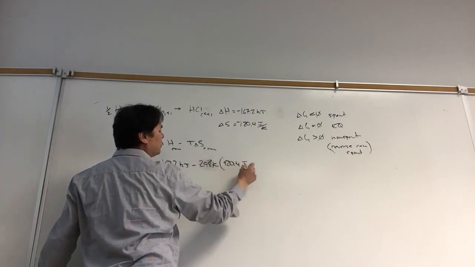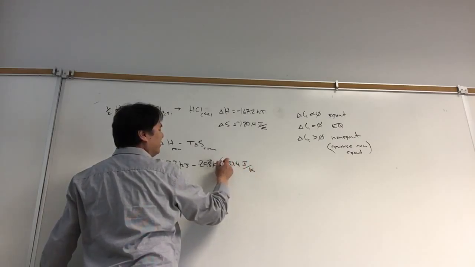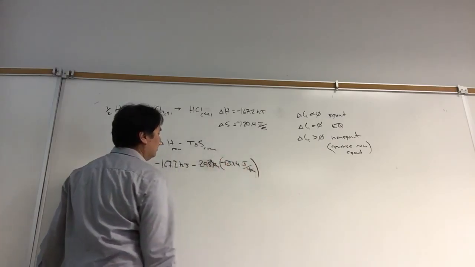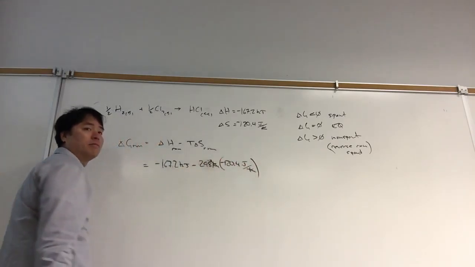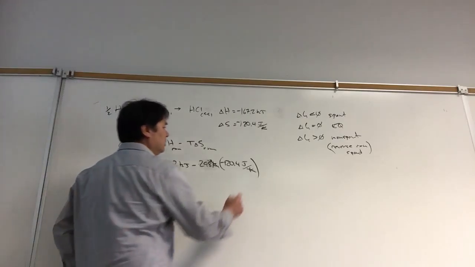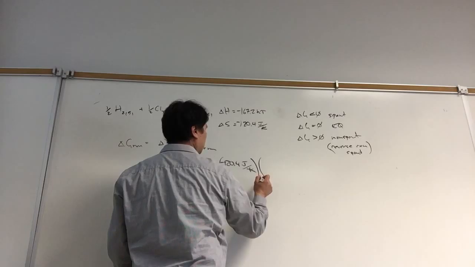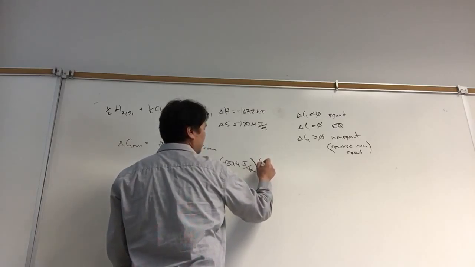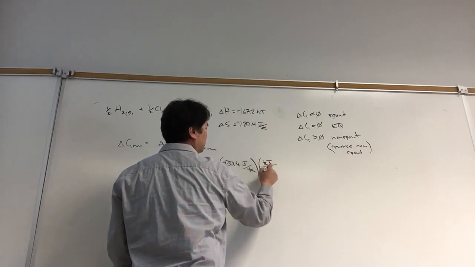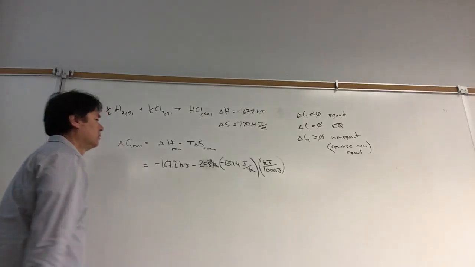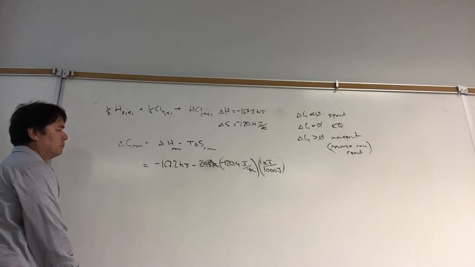Delta S is negative 120.4 joules per Kelvin. The Kelvins cancel, but the joules and kilojoules units don't match. So I should convert it to kilojoules by dividing by 1,000, 1 kilojoule per 1,000 joules.